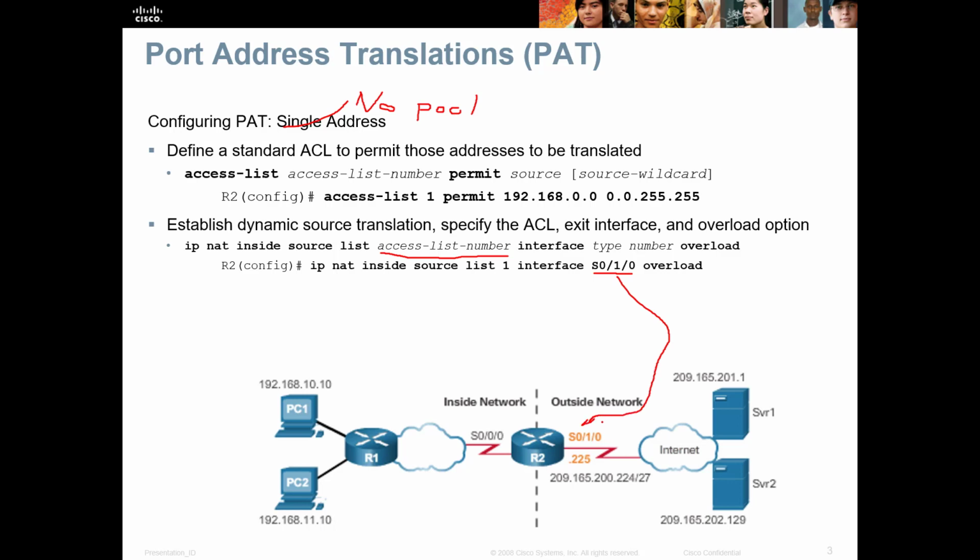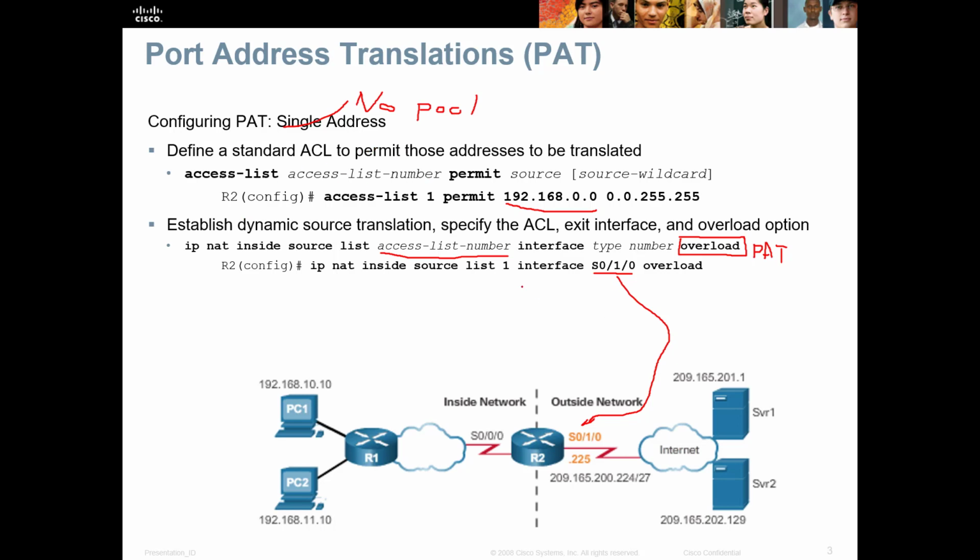Anything on the inside in this access list, and these are inside addresses again, let's be clear, inside stuff going to that interface, and there's our command that says port address translation. That's the thing that calls it PAT, right? That's the little adder that makes it PAT. So again, you're seeing single address PAT is the same as PAT, except you get rid of the pool.